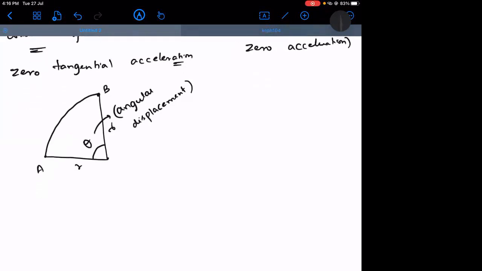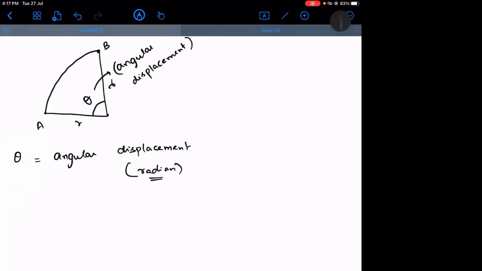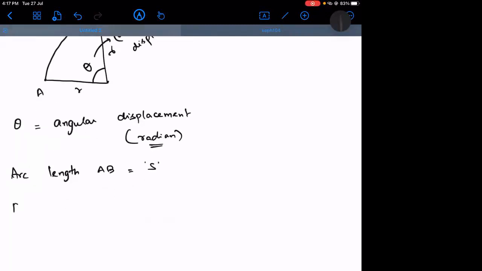Second, theta is equal to angular displacement, and generally it is measured in radians. Now if I take the arc length AB as S, then tell me guys, what is the definition of radian from trigonometry?